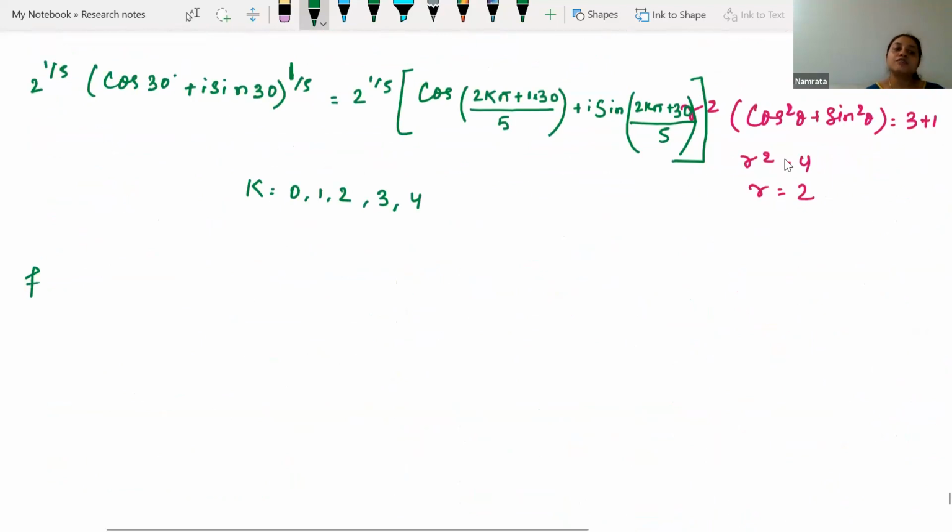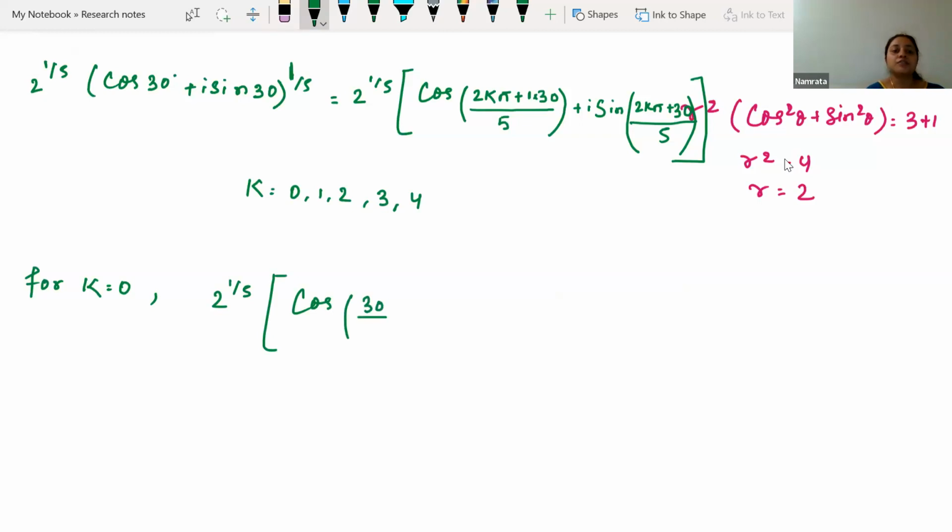So for k equals 0, our expression became 2 to the power 1 by 5 cos of 0 plus 30 by 5, plus i sine 30 by 5.